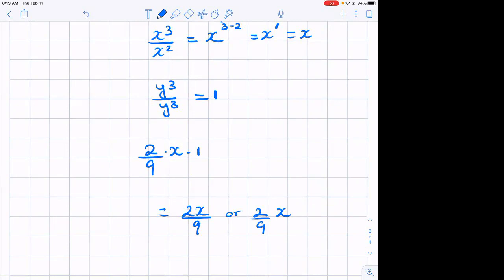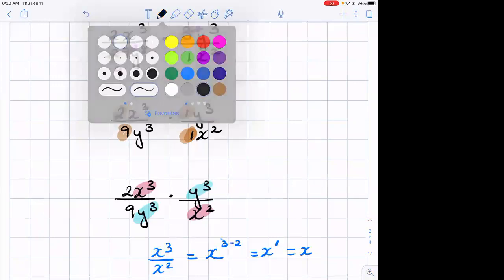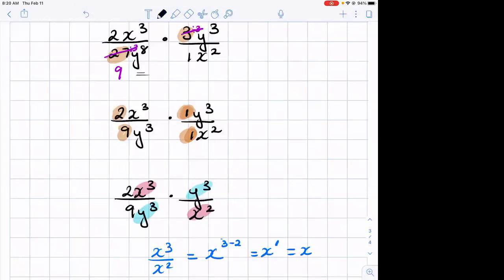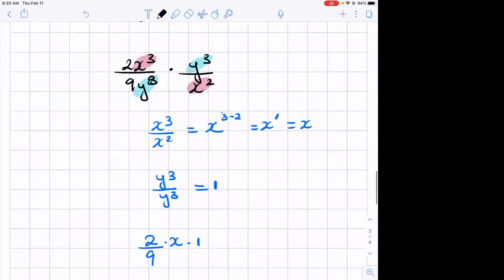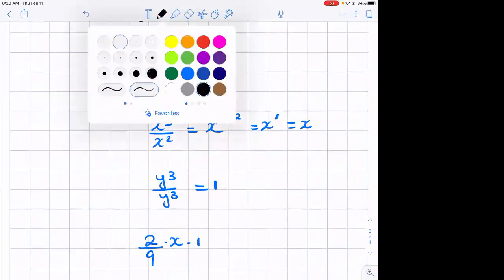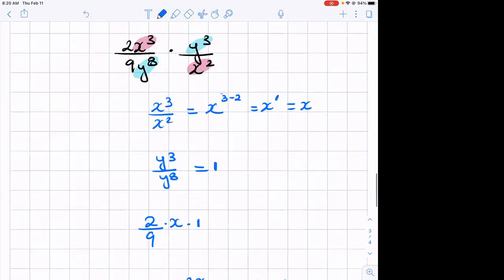Well, let's see if that is correct. I noticed that what I did here was y to the 8th, and here I wrote y to the 3rd, right? So this should have been y to the 8th. And if I do that, then this here is not 1. This becomes y to the 3 minus 8, which is equal to y to the minus 5th.